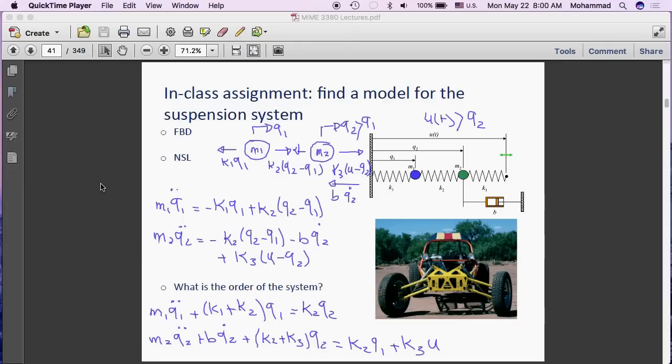But before doing anything about it, you need to understand how this system behaves. So you need to know the math behind the system. You need to know the model of the system before doing anything either to the parameters of the system, like changing the stiffness, changing the damping ratio. Now, changing the stiffness could mean changing your tires. Essentially, changing a tire is equivalent to changing of stiffness.